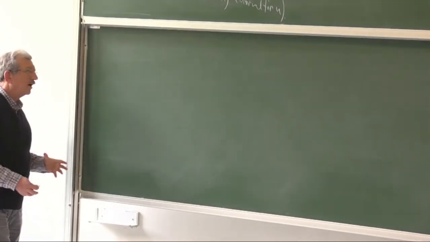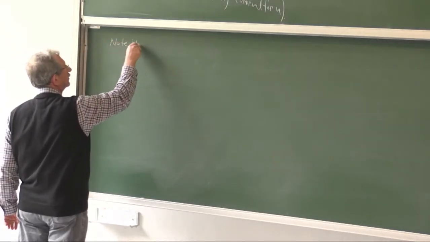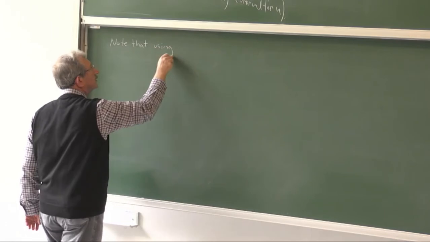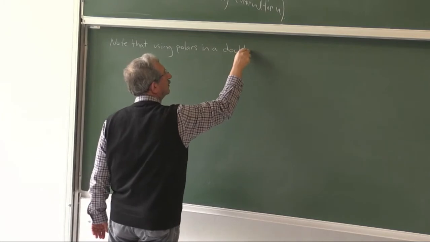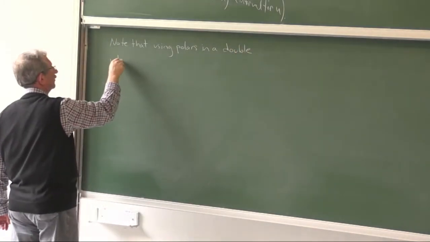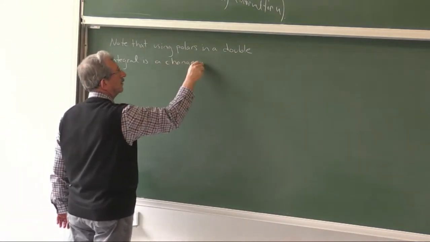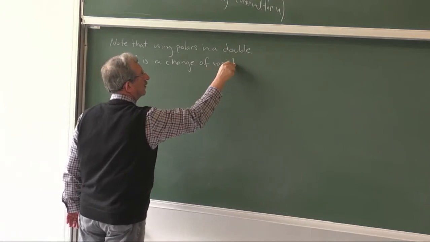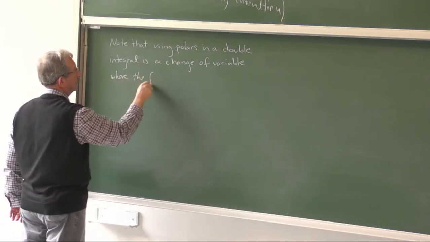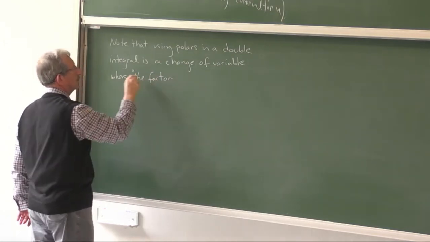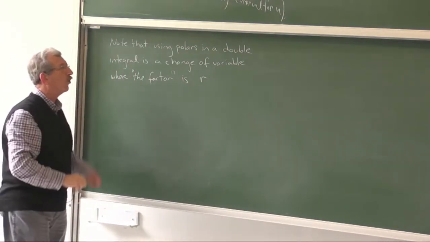Now, we expect the same thing happens here. Again, let me just note that using polars in a double integral is a change of variable. Where the factor is r; r comes from nowhere.